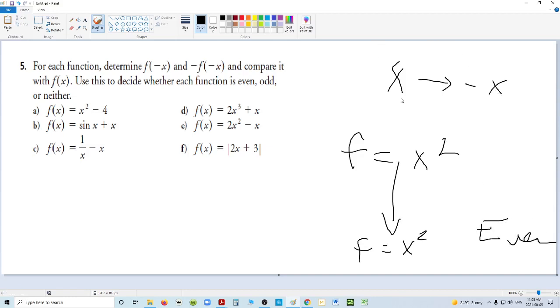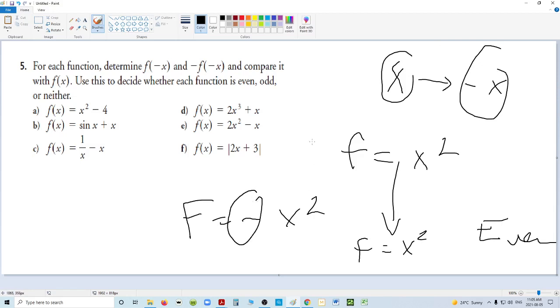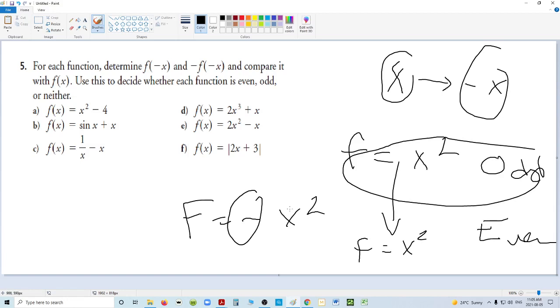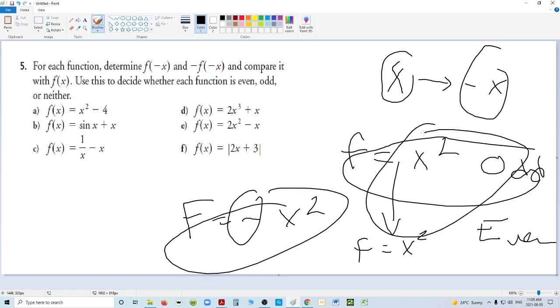And if I replace x with minus x, and I get the same equation except that there's a minus in front, it is odd. And you'll discover that that is the way to determine if a function is odd or even using algebra.